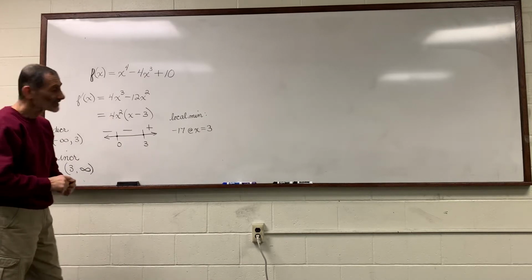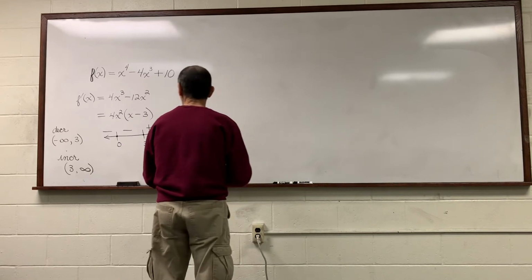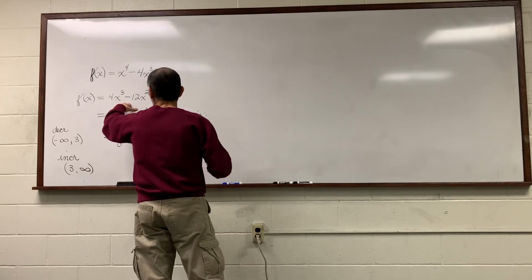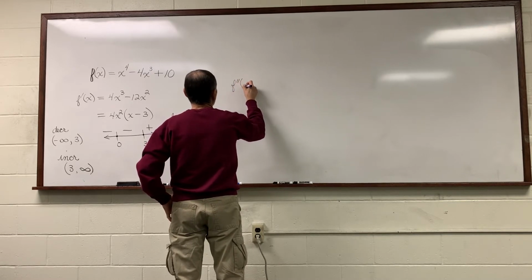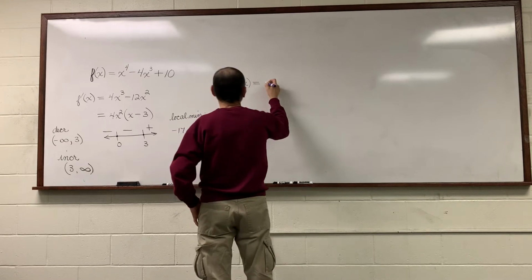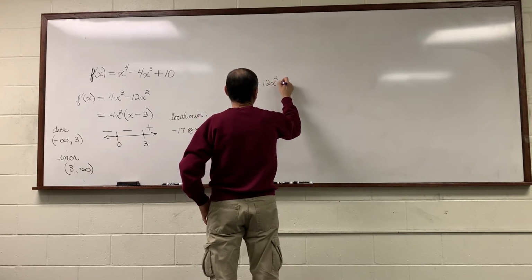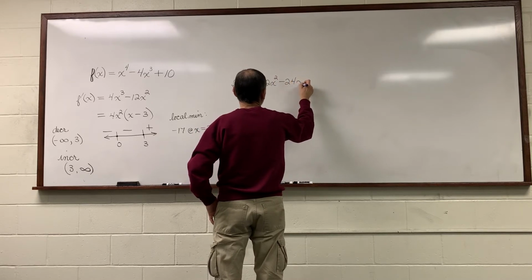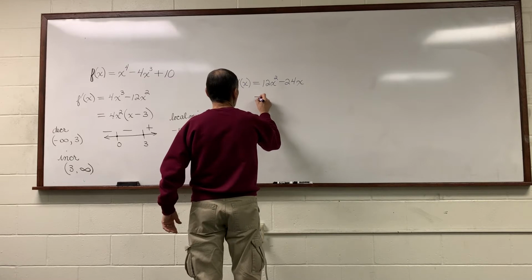So, let's go to the second derivative. Going back to the polynomial form here, the second derivative, f double prime of x, is 12x squared minus 24x. We will do with this exactly what we did with the first derivative.